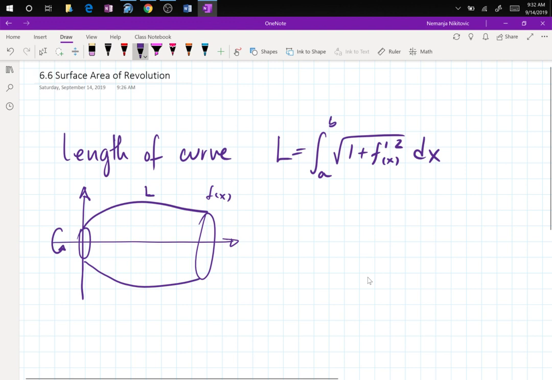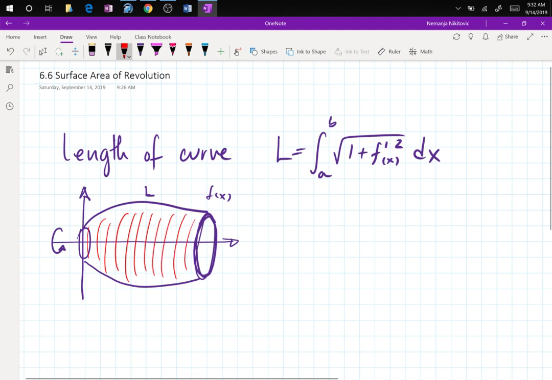So now that L is rotated along this outer circle, multiplying this L by 2 pi and f of x, we can get the area of the outside. So we are calculating the area on the outside.